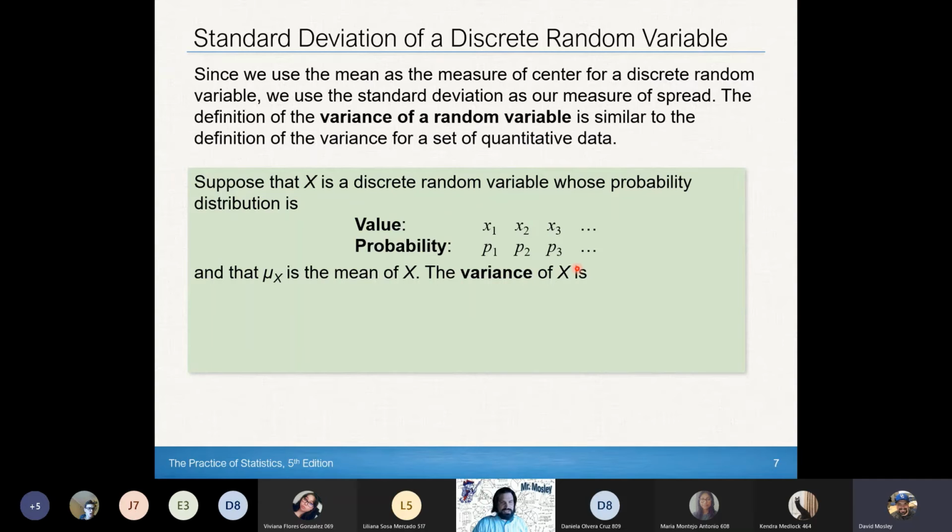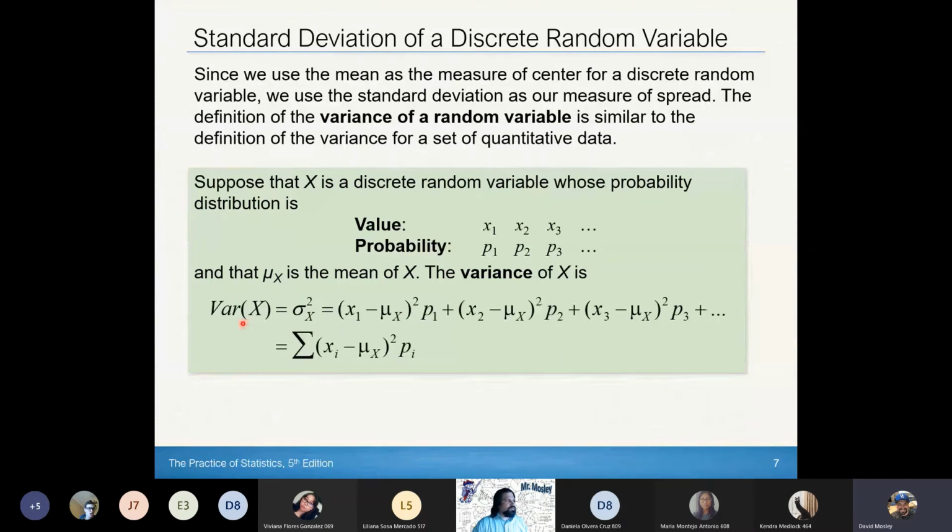The variance of x is this craziness. We can write this as var x if we want. Variance of x equals sigma sub x squared, which again is our shorthand notation. This is lowercase sigma, this is uppercase sigma, equals the difference between the first outcome minus the mean squared times the probability of the first outcome.